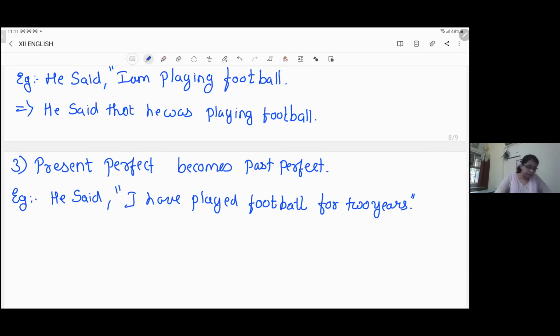Inverted comma close. Now make it into past perfect.